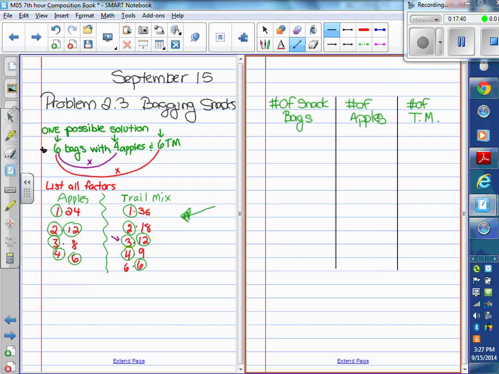After you write all those common factors out, on the left side of the page, we've circled the common factors. So every common factor could be a bag. I mean, we could have 1 bag, but it would be kind of silly. Because if I only have 1 bag, I have to have all the apples and all the packets of trail mix.